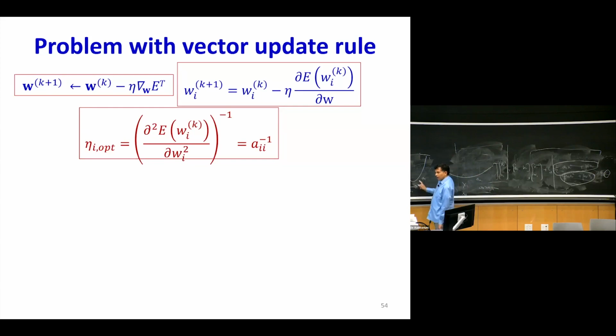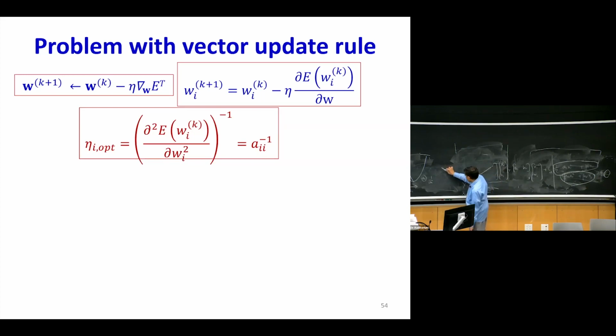So now this guy is a large number, correct? What is the optimal step size for this one? 1 over A11, right? If I do this from here, I'm going to get here in one step. At the same time, I'm going to be here. Is that going to be optimal for this guy? What will happen?